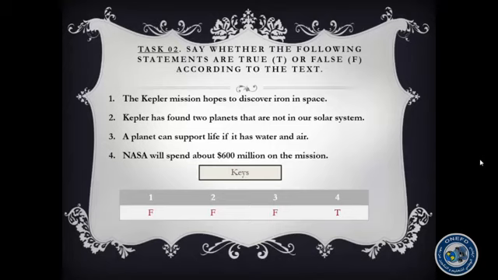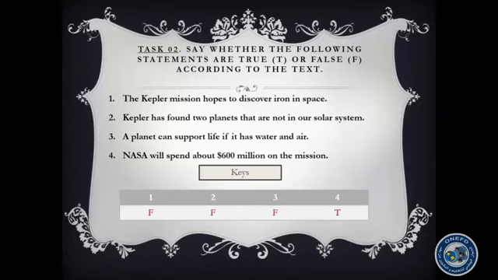It's false. The third sentence, a planet can support life if it has water and air, is false. Finally, sentence number 4, NASA will spend about $600 million on the mission. It is true. Did you get it right? Good.